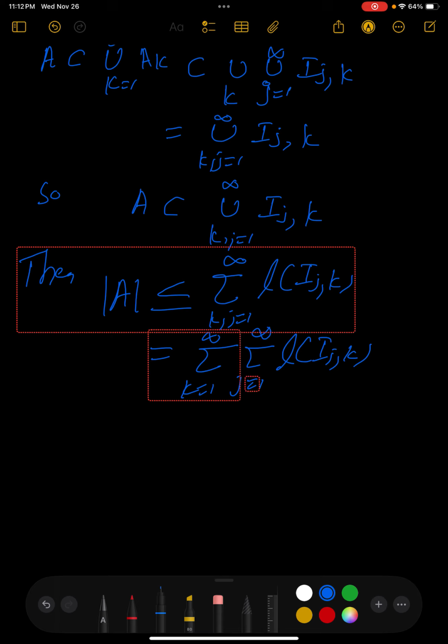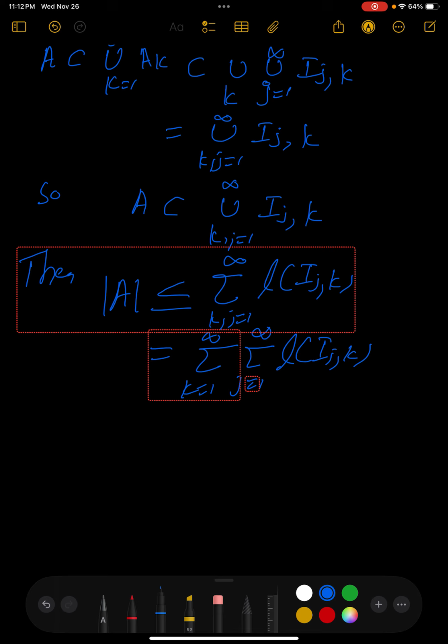Now we can rearrange the terms because the length of Ijk is positive. If it was negative, then you cannot do that, because then the value of the series can be different. But since the length of the open intervals is positive, every term in the series is positive, so we can rearrange the terms and we will have the same value.